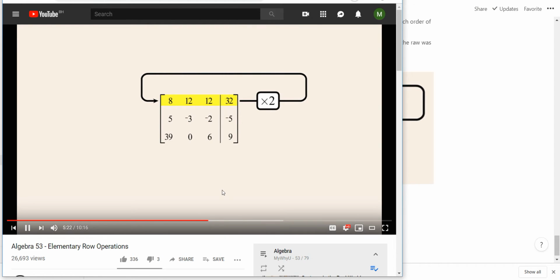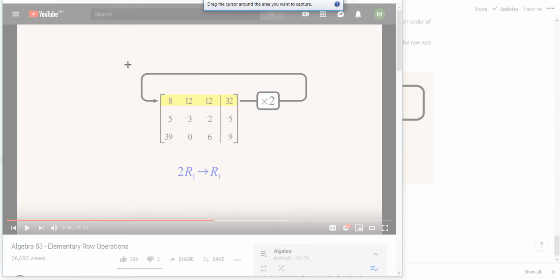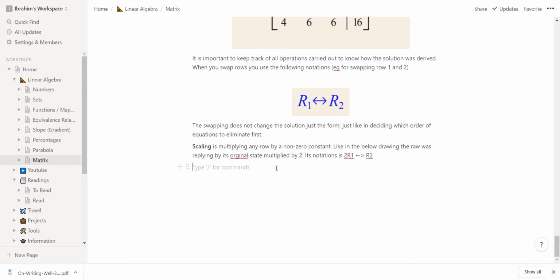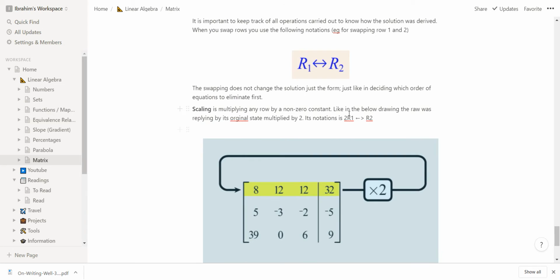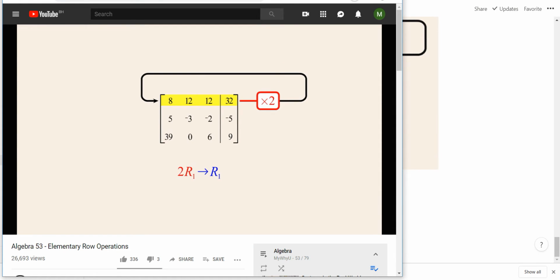To notate that we have used the scale operation to multiply row 1 by the constant 2, we write 2 R subscript 1 followed by an arrow and R subscript 1, indicating that 2 times row 1 replaces row 1.